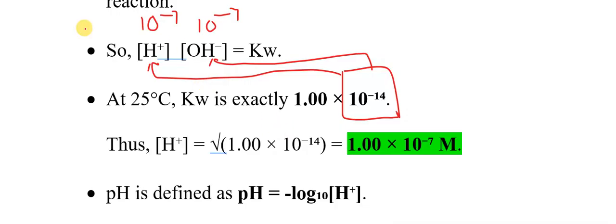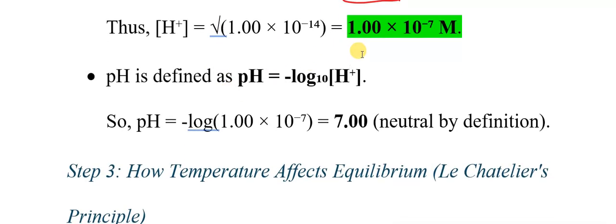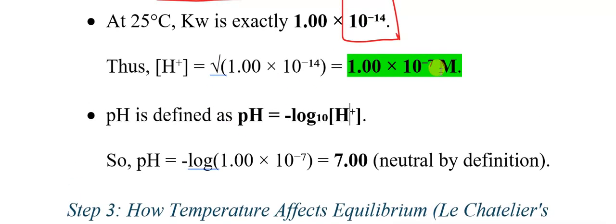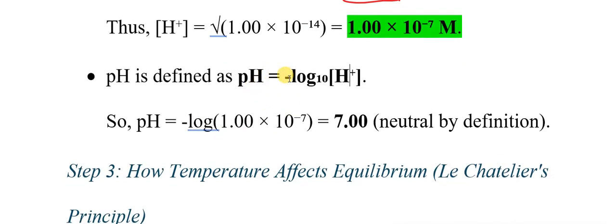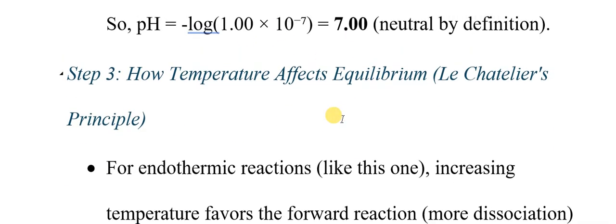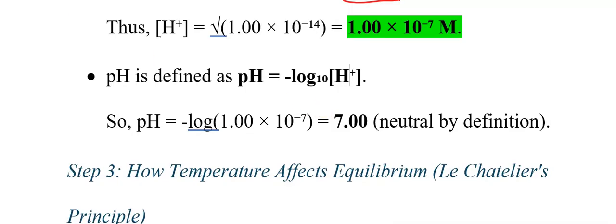Understand? If we change this value, 10 to the power minus 7 for the hydrogen ions, into pH, we know that the negative log of the hydrogen ion concentration is known as pH. The answer is 7. In other words, at 25 Celsius, the pH of water is 7.